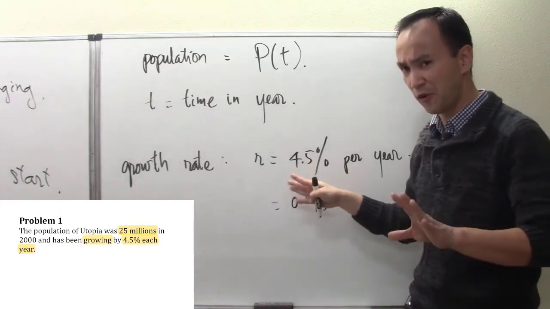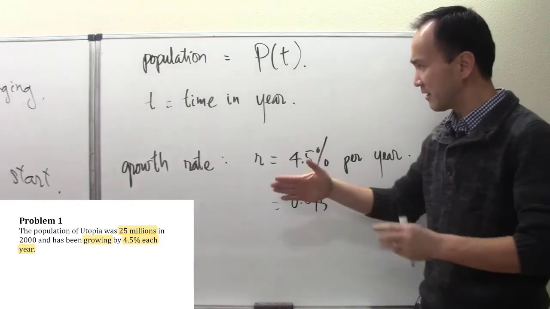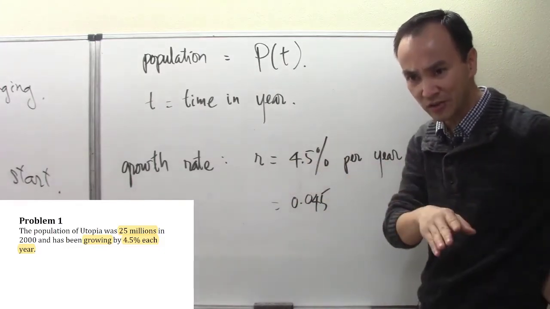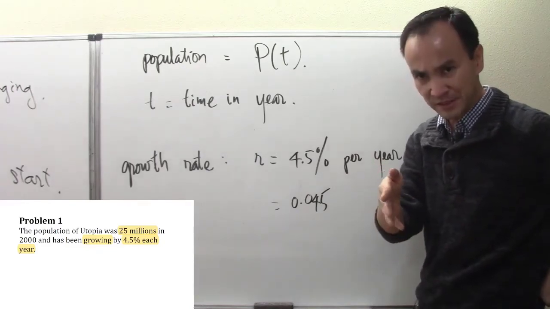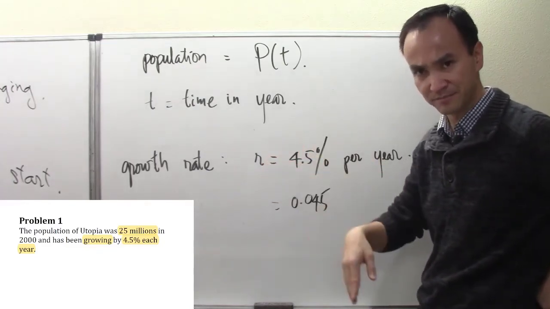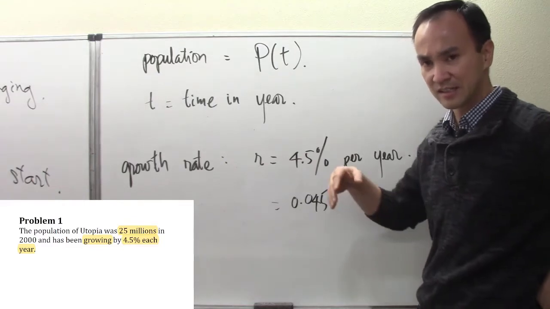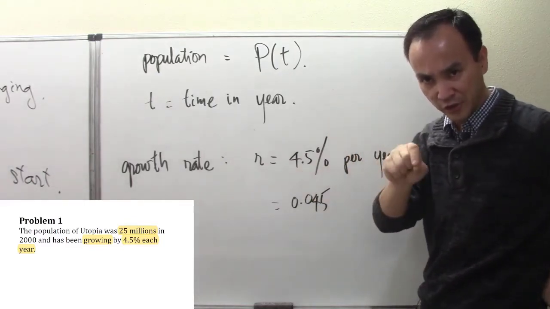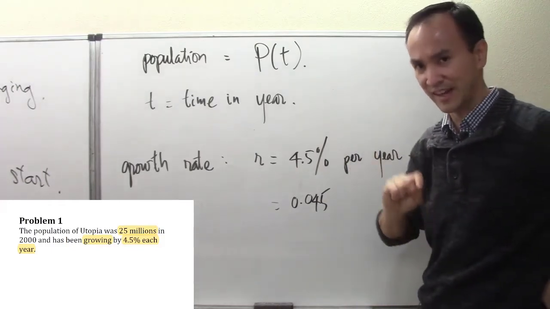And so 4.5% of what? Think about it. We're starting out with this information here. We're starting out with 25 millions. So in 1 year later, we will have 4.5% of the initial population added on top of that, and I will get to that.